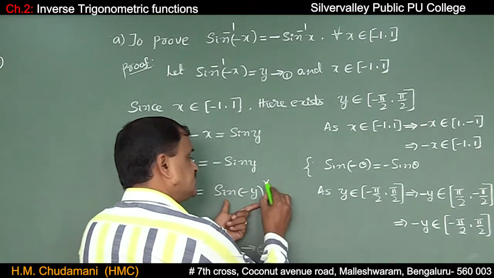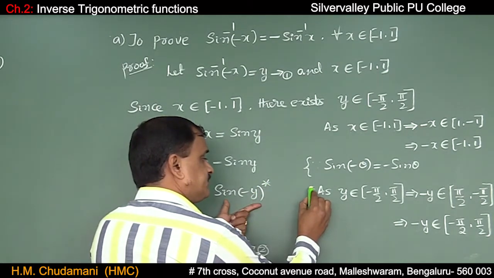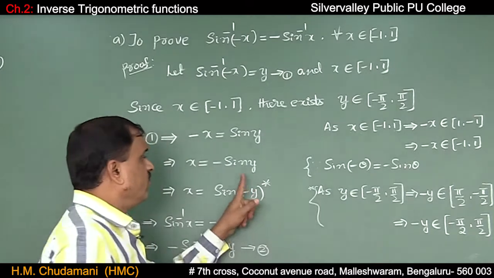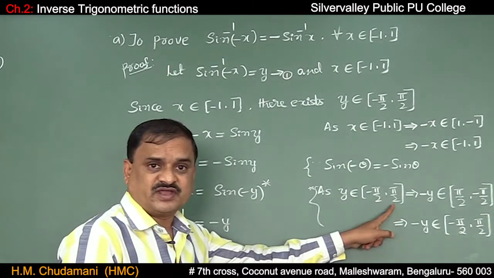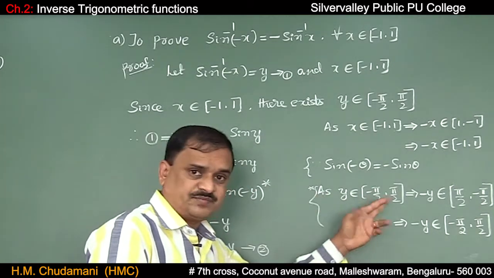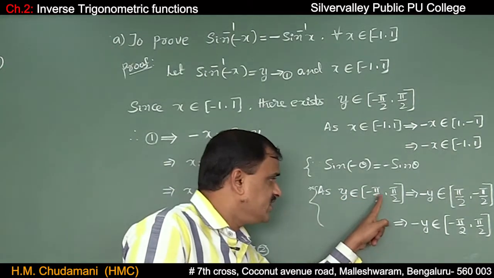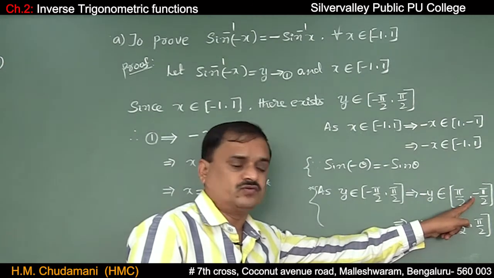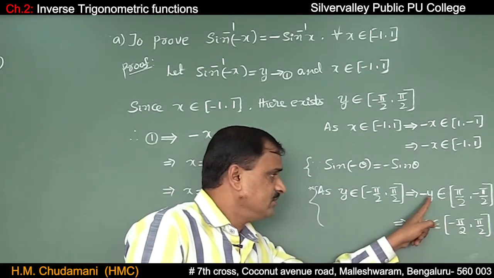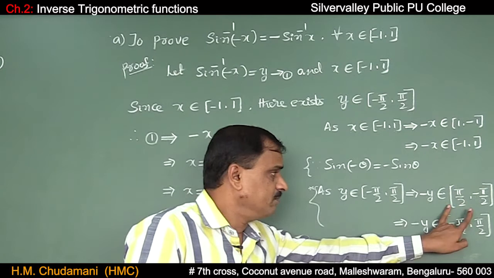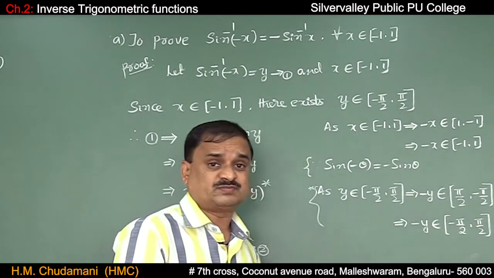Now observe this. Y belongs to minus pi by 2 comma plus pi by 2. Multiply with minus: minus y belongs to pi by 2 comma minus pi by 2, which is the same as minus y belongs to minus pi by 2 comma plus pi by 2.